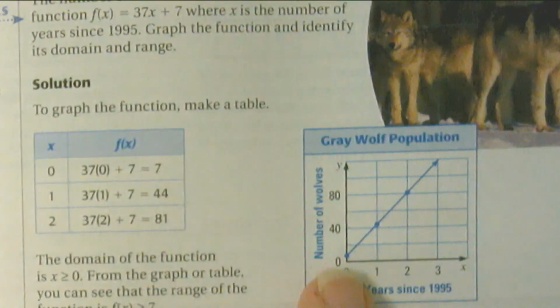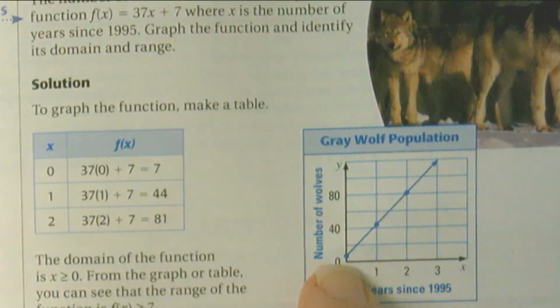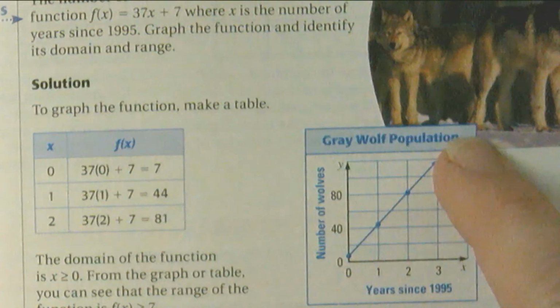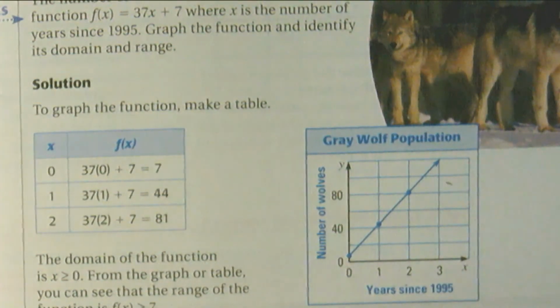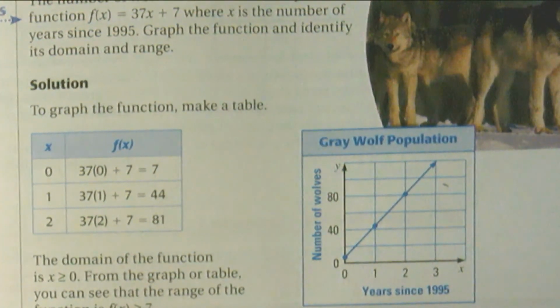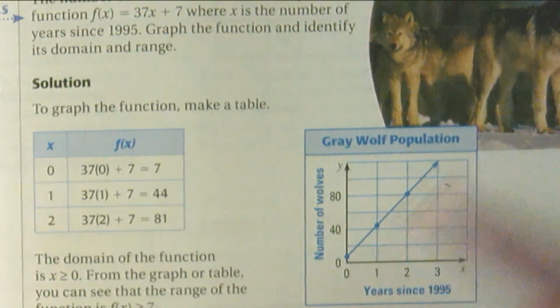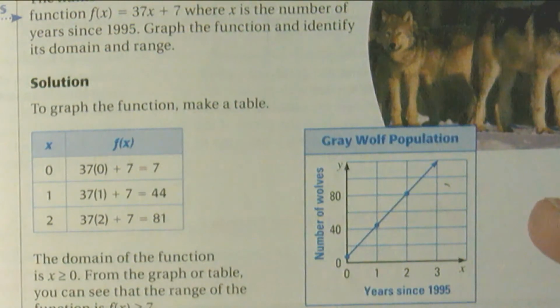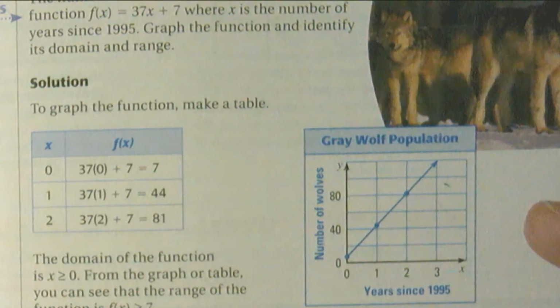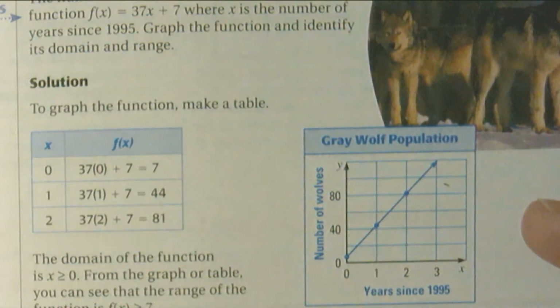Well, we were able to have 0, because the number of years since 1995 would be 0. And because I don't have an end, Ryan, my domain would be x is greater than or equal to 0. Because any number of years since 1995 is a possibility. If I had said 1995 to 2000, it would be between 0 and 5, right?